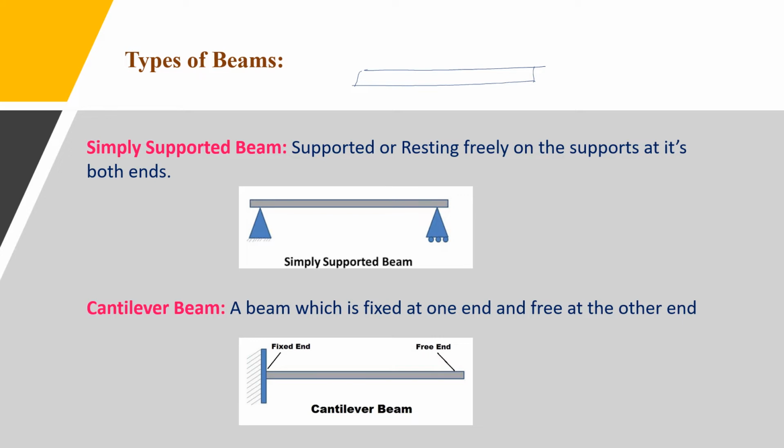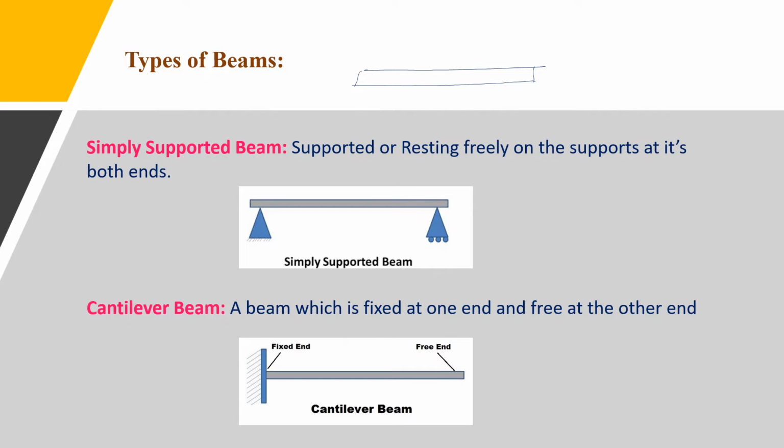Let us see, the first one is simply supported beam. In the simply supported beam, this beam rests on both ends, meaning one end is pinned support and the other end is roller support. So based on the assigned load, it sustains shearing and bending.